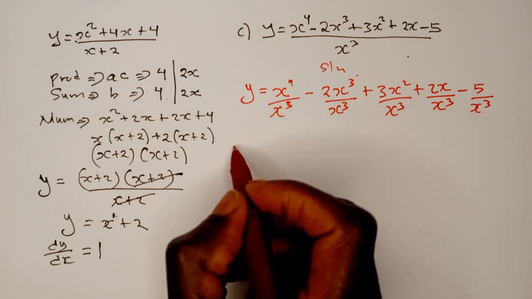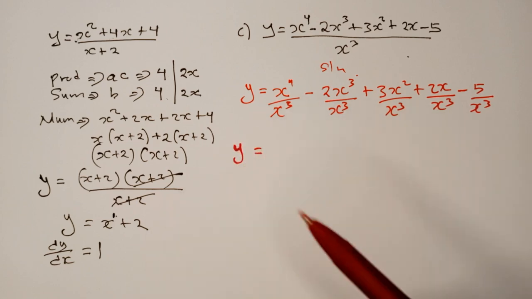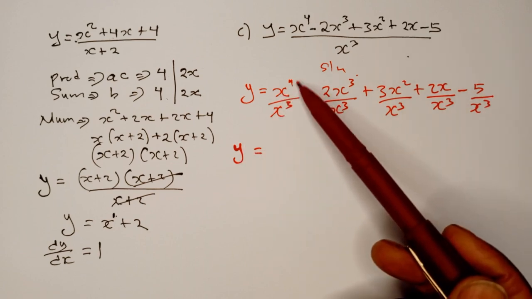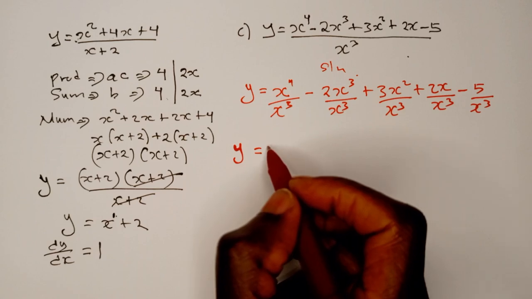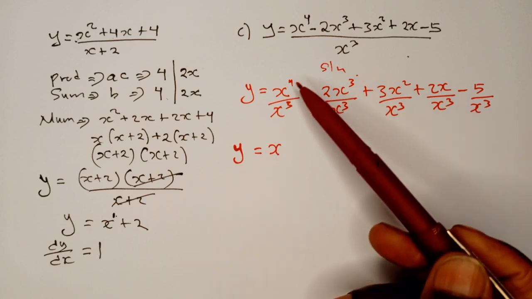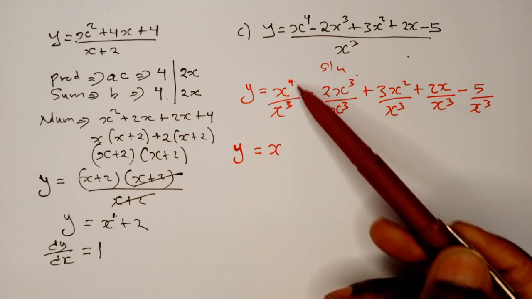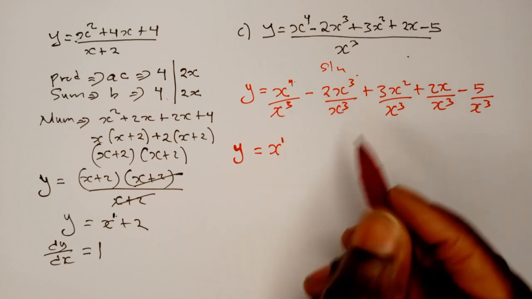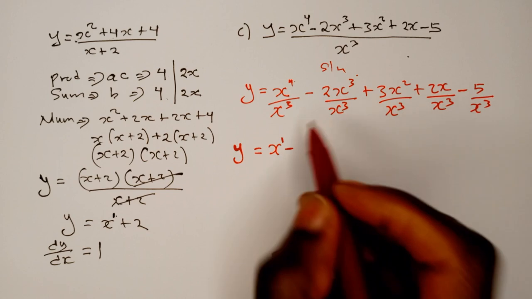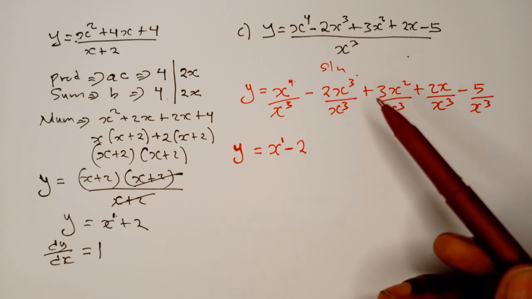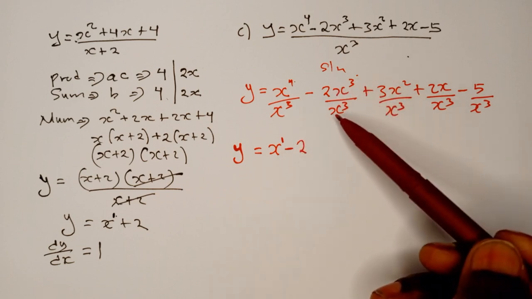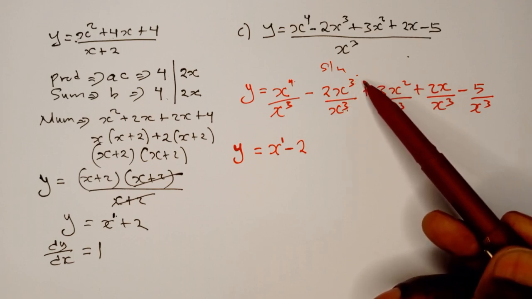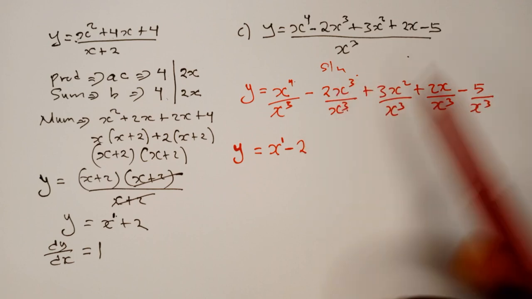According to laws of indices, you just minus the powers. 4 minus 3 you get 1, so this is x to power 1. Then minus 2, where x raised to 3 divided by x raised to 3 gives 3 minus 3 is 0, so you have x raised to 0 here.